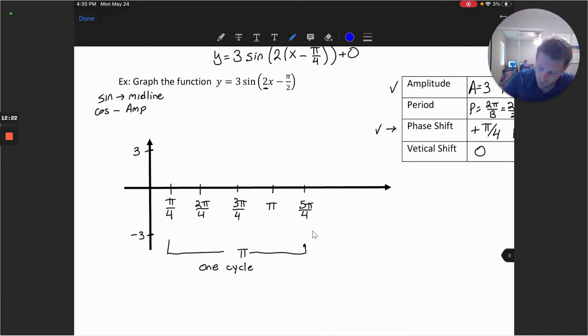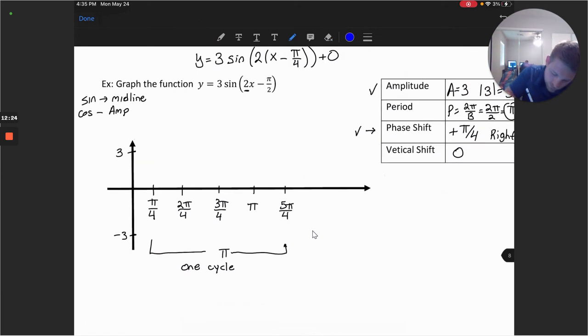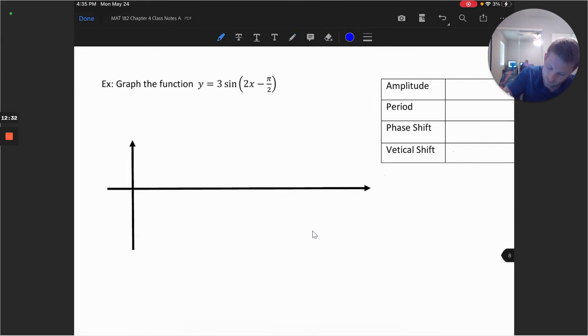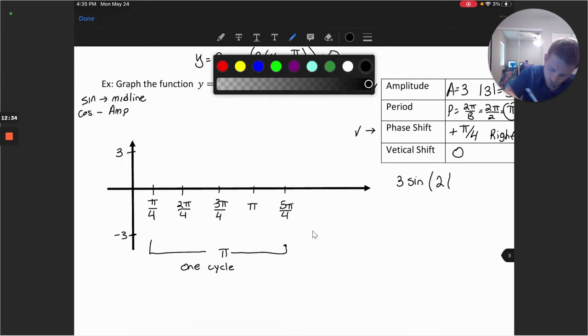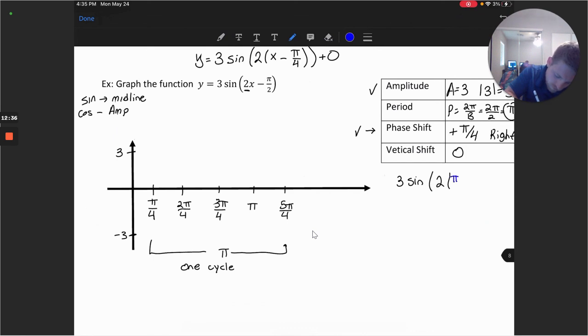So if we go over and say 3 sine of 2 times, if I wanted to test my starting point, that would be pi fourths minus pi over 2. I want to test out kind of what this would give me as a functional value.